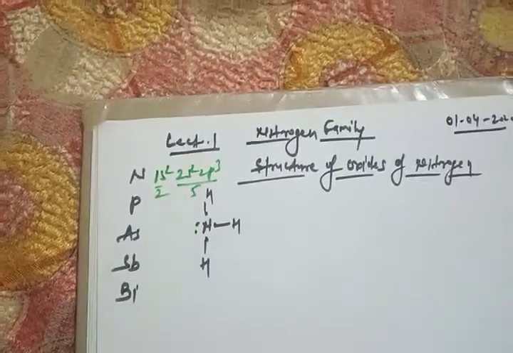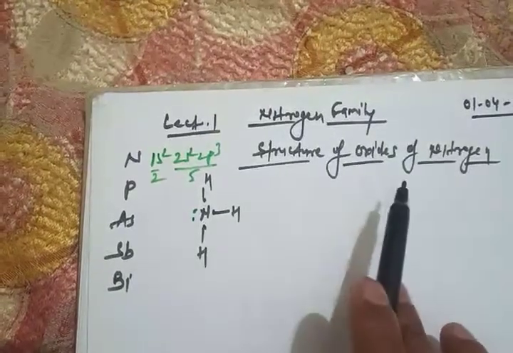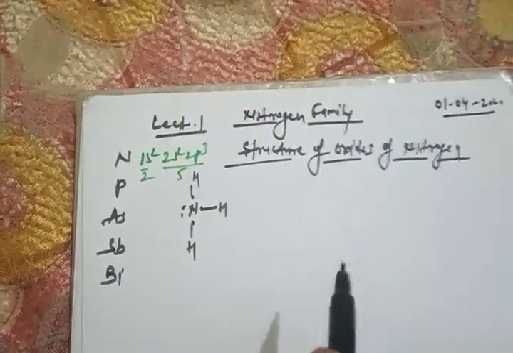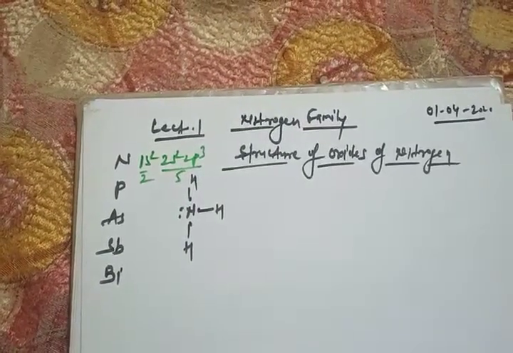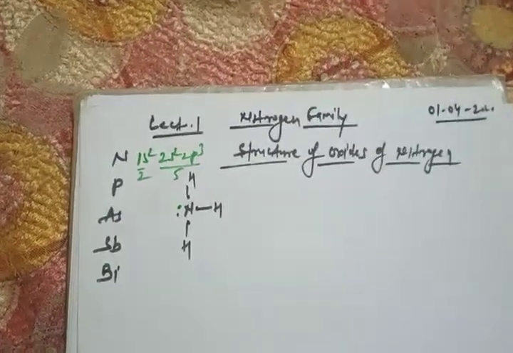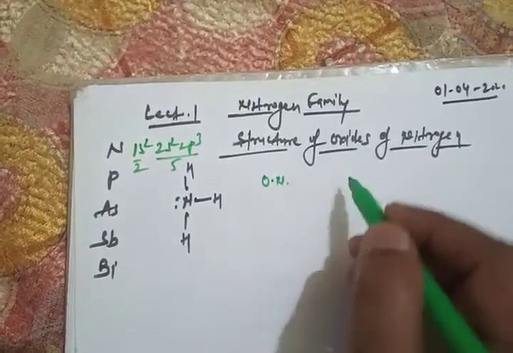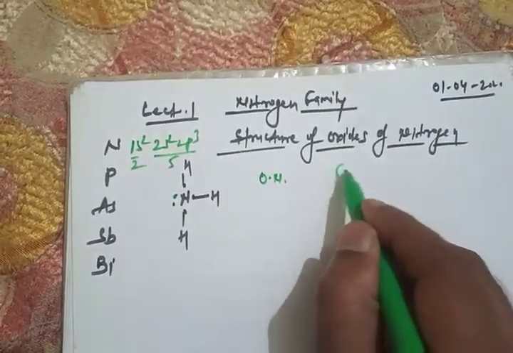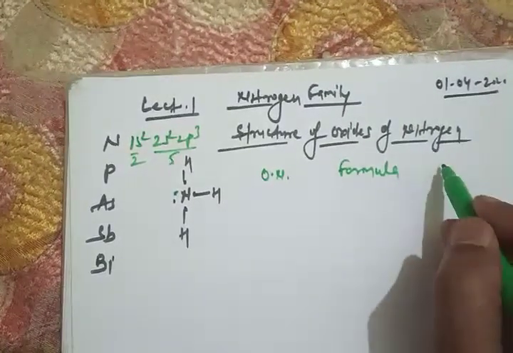But in this particular lecture we are going to discuss the oxides of nitrogen. So our concern is the oxides of nitrogen: the oxidation number, then the formula, and then the name.